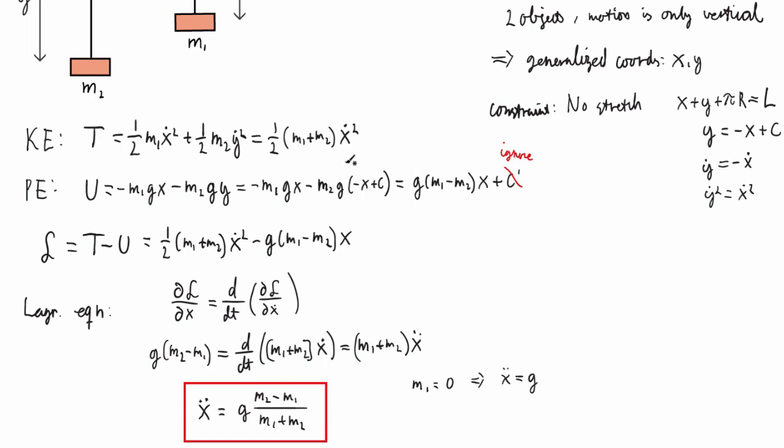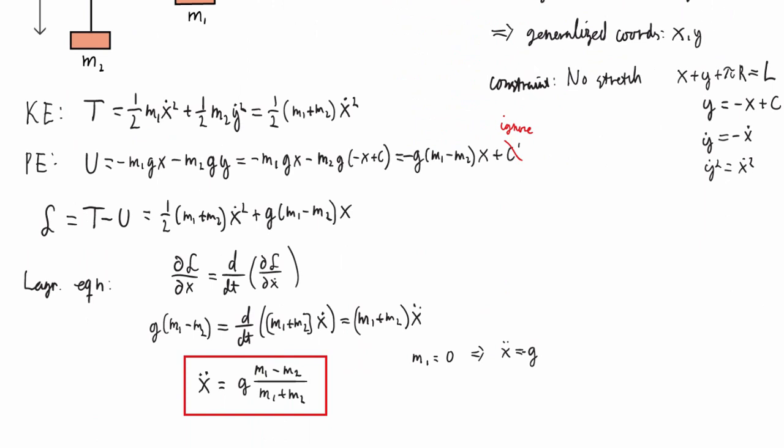Well, we'll see it up here, right? Here's positive m2, where we get negative m2 there. So there's a minus sign there, which means we get a plus sign here. And that means in turn we have to flip m1 and m2 over here and here. Okay, so now if m1 equals 0, then x double dot is minus g.